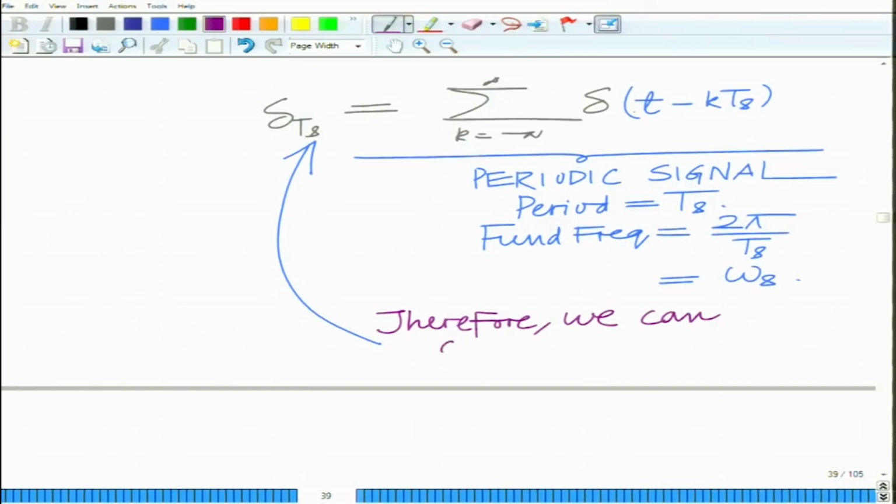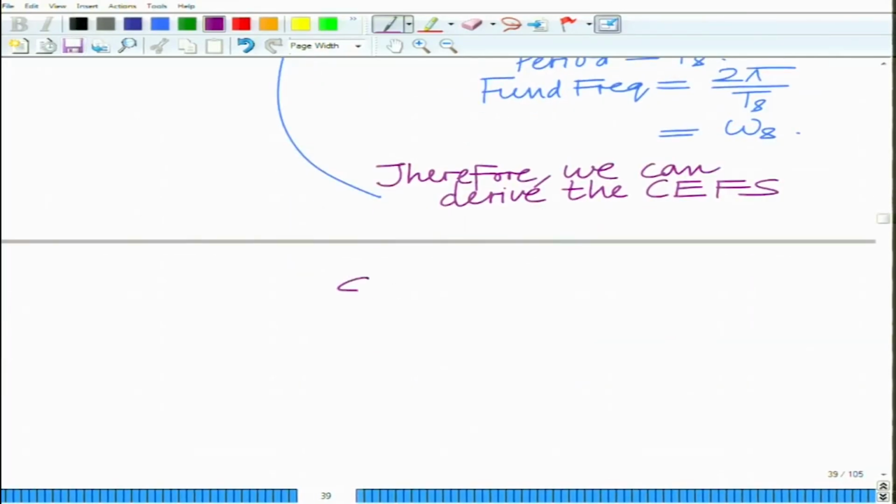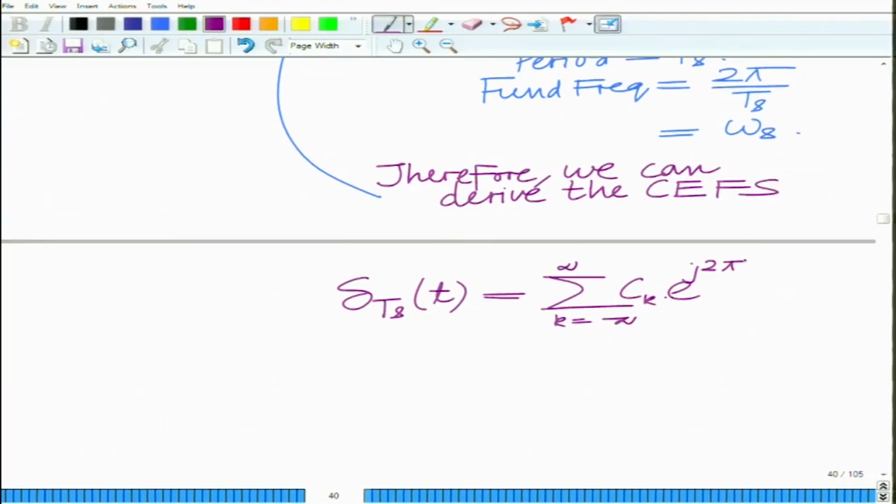Therefore, we can derive the CEFS, that is the complex exponential Fourier series. That is, I can express this as delta Ts of t equals summation k equals minus infinity to infinity C k e raised to j k omega s t, where omega s is the fundamental frequency.